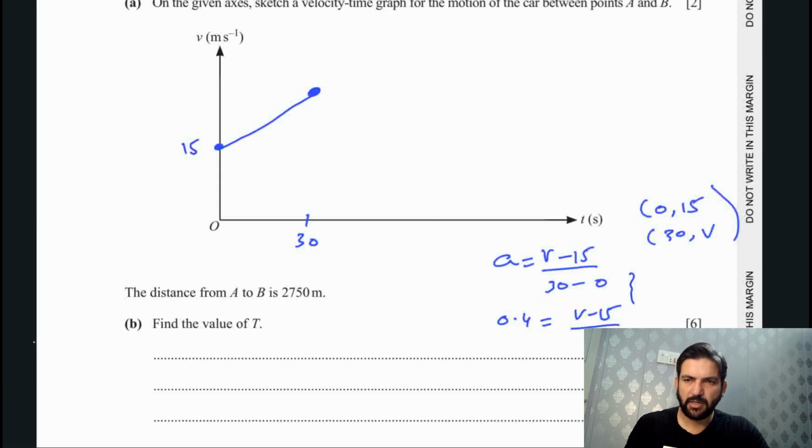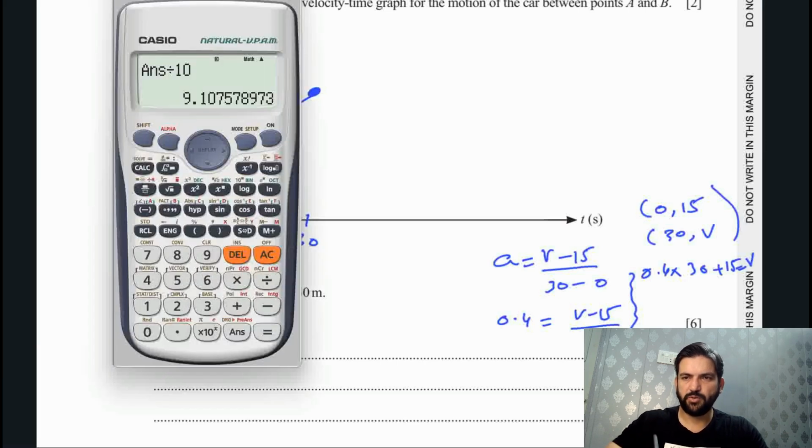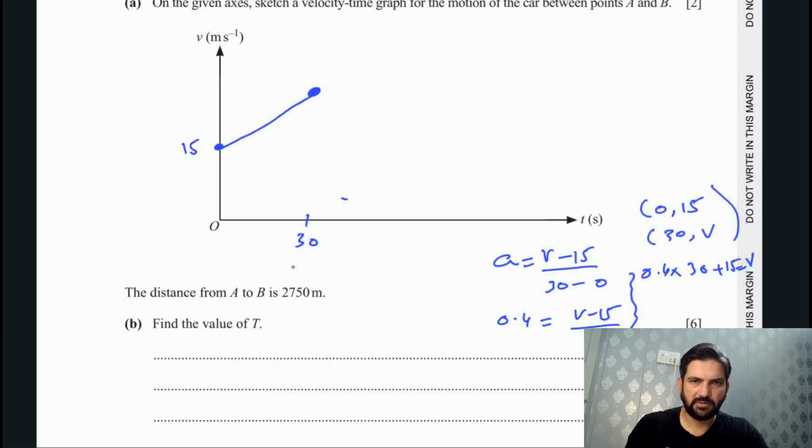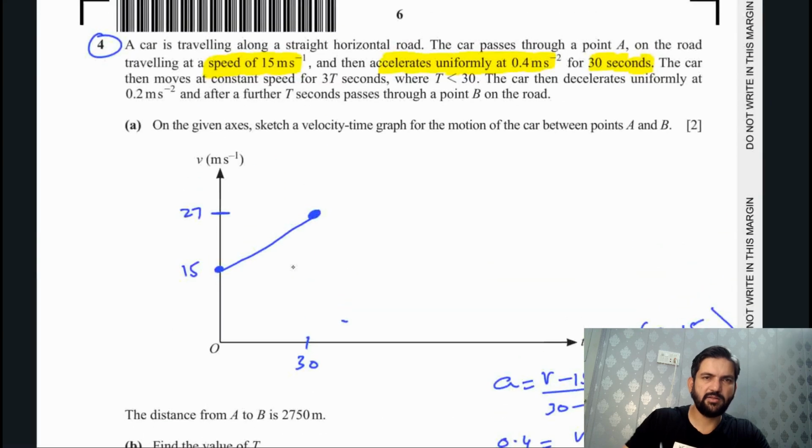If we rearrange it, this will be 0.4 into 30 plus 15 is equals to v. Be very careful about calculation: 0.4 into 30 plus 15. So this will be equals to 27. It means here the point will be 27.